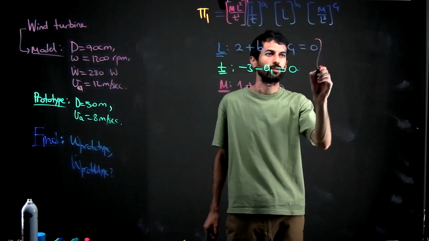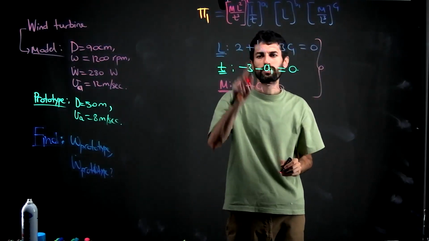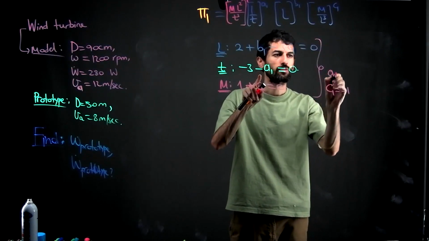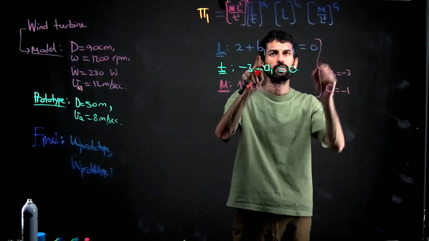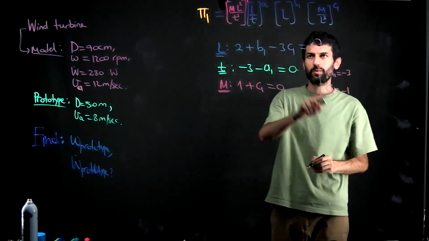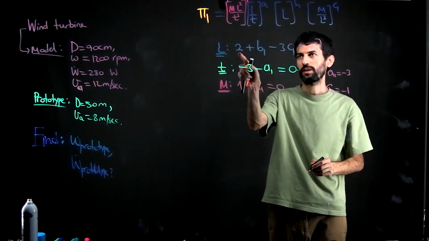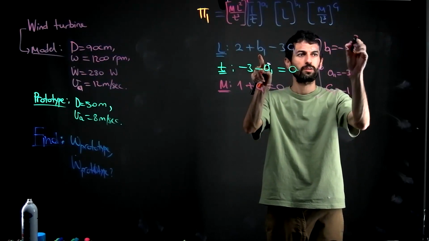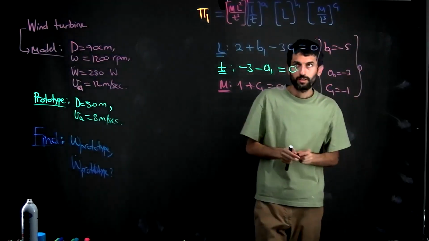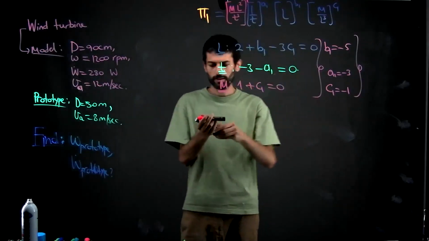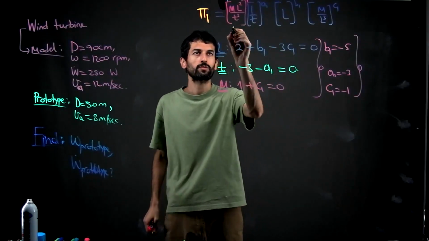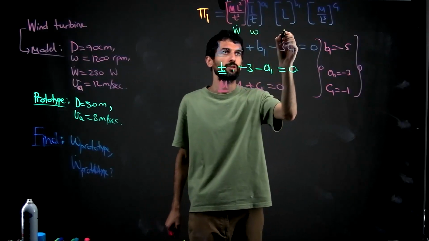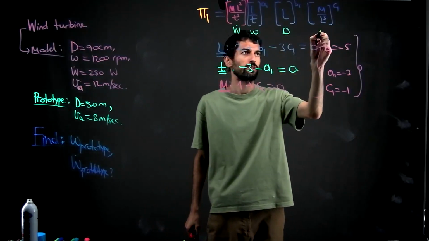So if you solve it, c1 should be -1, a1 should be -3, and then b1. Since c1 is -1, we have 3 here and 2 here, it makes 5. So b1 should be -5. Okay. If we combine it all together, we know that this one is work dot, this one is omega, this one is the diameter, and this one is the density.